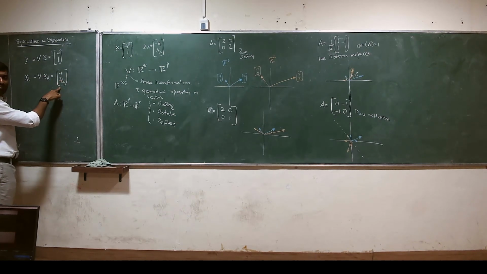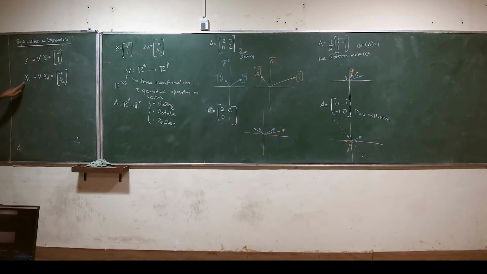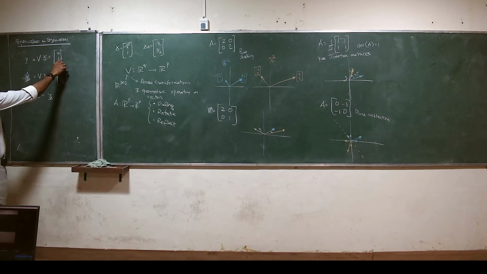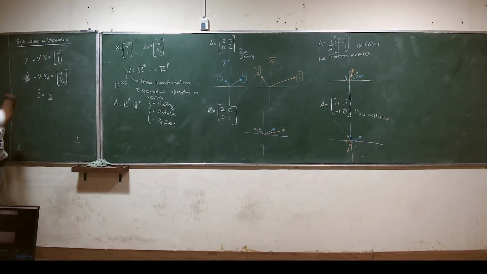Is that right? Now, is this Y_A? I'll call it Y dash for now, or Y cap. Is Y cap equal to Y_A? You tell me what Y_A is. You'll have to find the representation of this in the A basis.